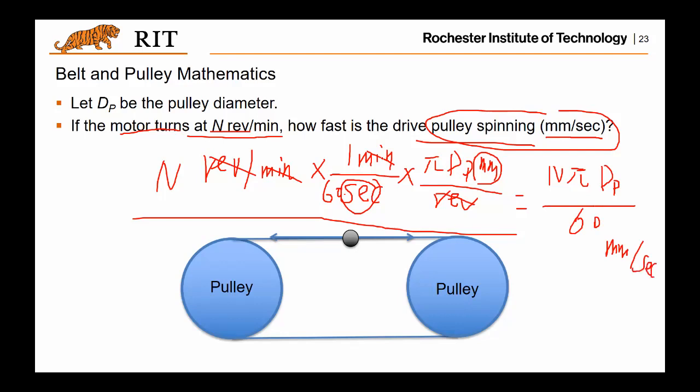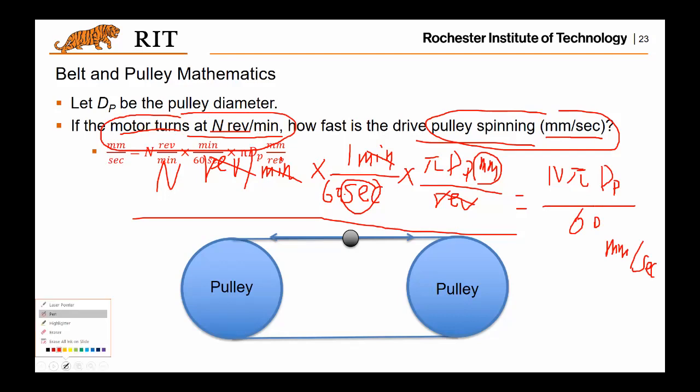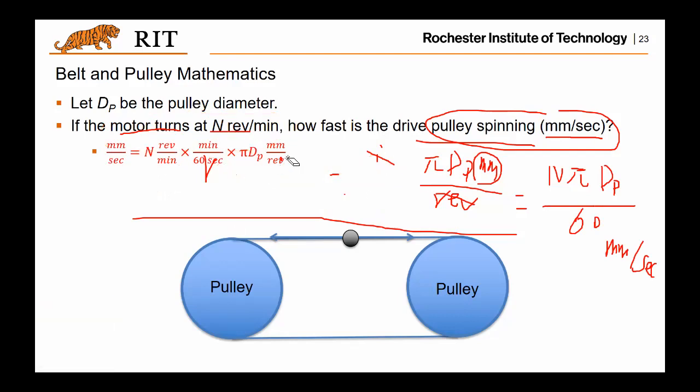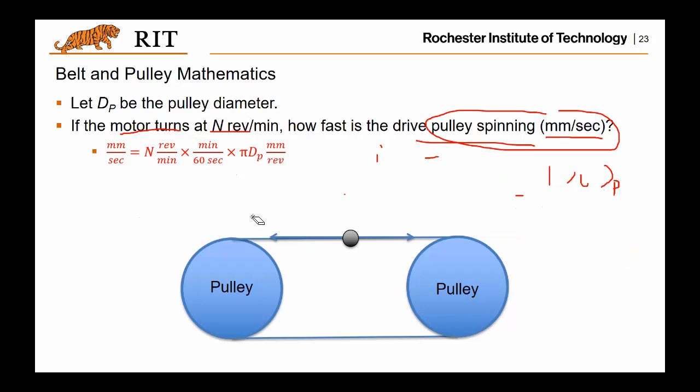That's how you come up with the pulley spinning linear speed in millimeter per second if you have a motor turning speed in revolutions per minute. I think I can clean it up because I have better written ones showing here, right? That's the equation you want to keep in mind.